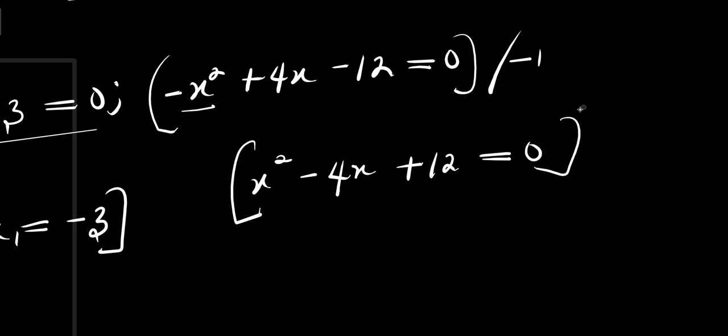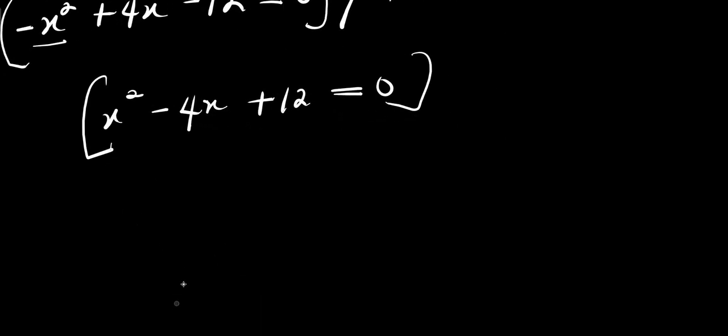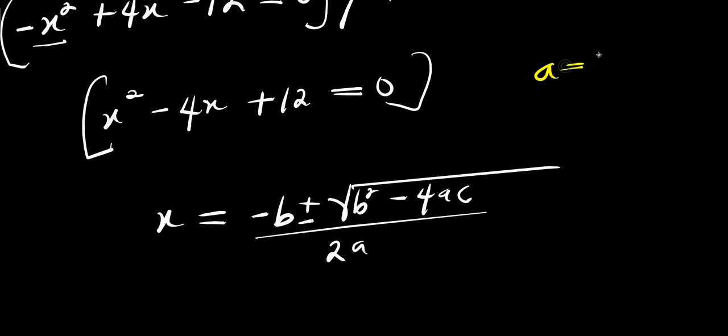So let's solve this quadratic equation here using the formula method. So we write the formula in respect to x. We have x equals negative b plus or minus square root of b squared minus 4ac, divided by 2a. So from here we have a equals 1, which is coefficient of x squared, b equals negative 4 and c equals 12.